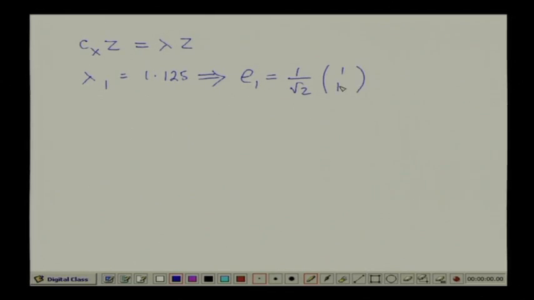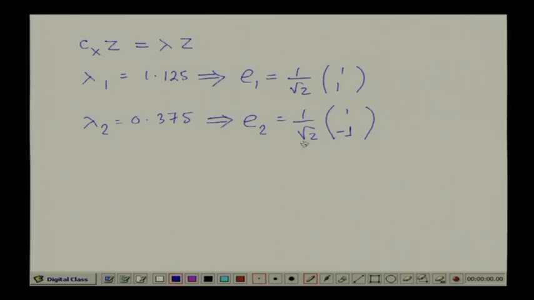Similarly, corresponding to the eigenvalue lambda 2 equal to 0.375, we have the eigenvector E2, which is equal to 1 upon root 2 into (1, minus 1).